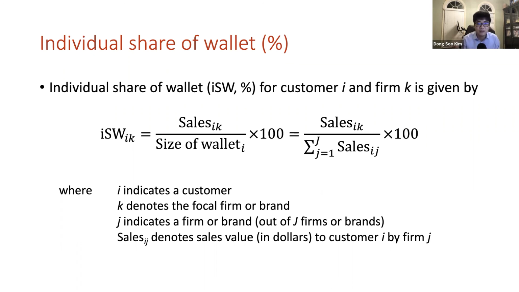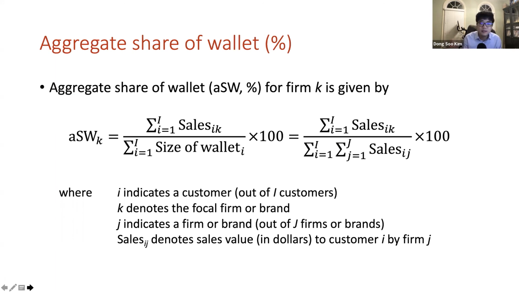Please note that the individual share of wallet is defined for each customer-firm pair. If we have 10 customers and 10 firms, we have 10 times 10, that is 100 pairs of customers and firms, and we have 100 individual share of wallet values.